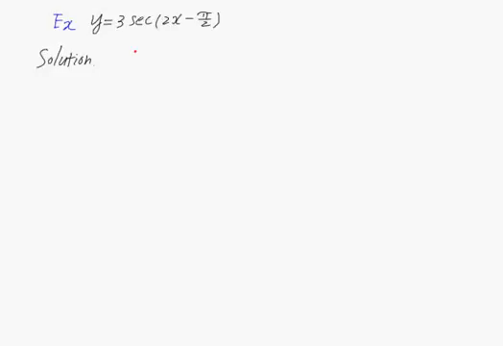As with the cosine function, the period of this secant function is equal to 2 pi divided by the coefficient of x. So that is 2 pi over 2, so that is pi.